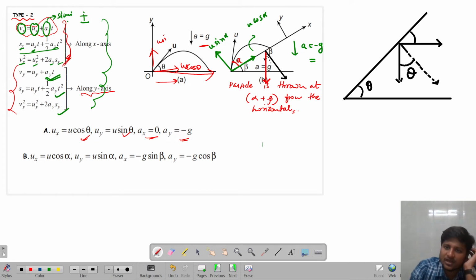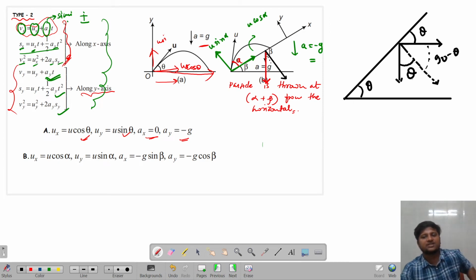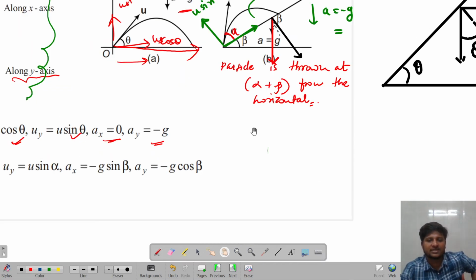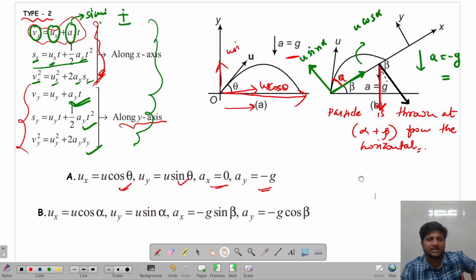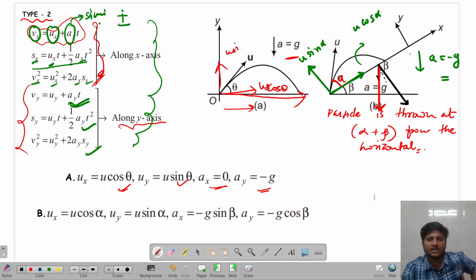This angle is theta over here. Now these are perpendicular, so this becomes 90 minus theta, and since these are also perpendicular, this becomes theta. If the inclination of the inclined plane is angle beta, this angle will be beta.